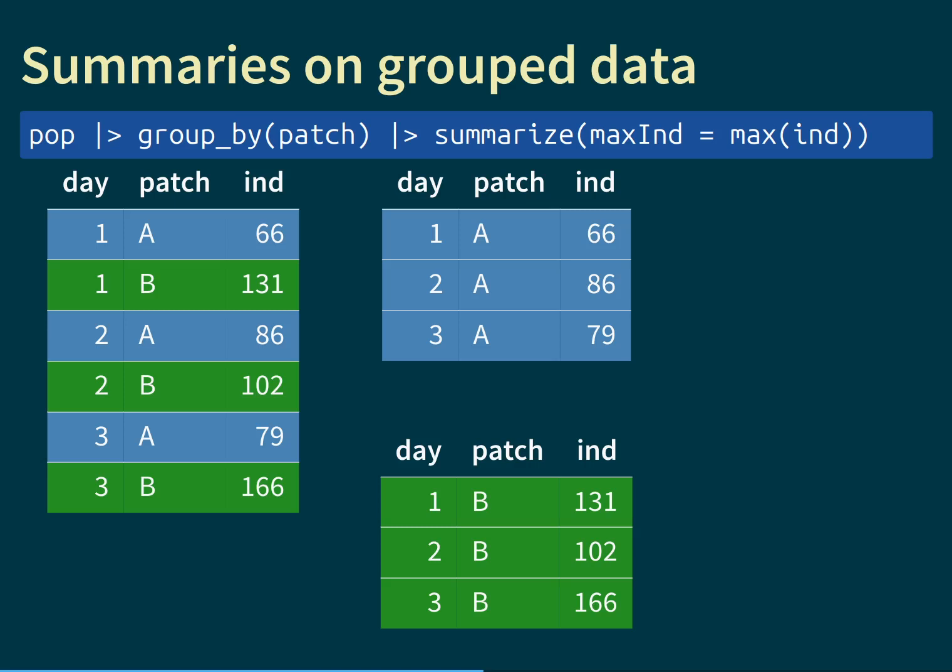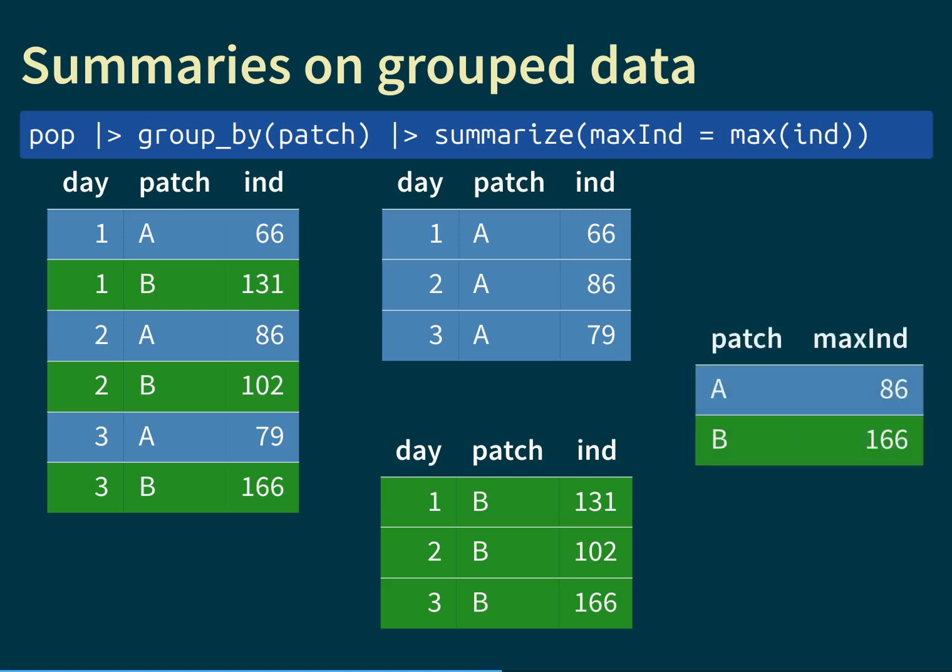First we apply it to the blue table, and we go to the ind column for number of individuals and find the maximum there, which happens to be in row number 2, 86. Then we go on to the green table and find the maximum number of individuals in there, which happens to be in row number 3. It is 166. And then if we combine them together, what we end up with, and this is the output that will be produced by this sequence of piping the population into group by and then piping that into summarise.